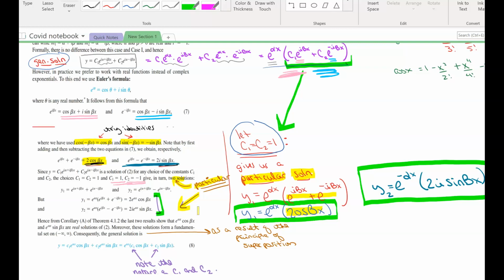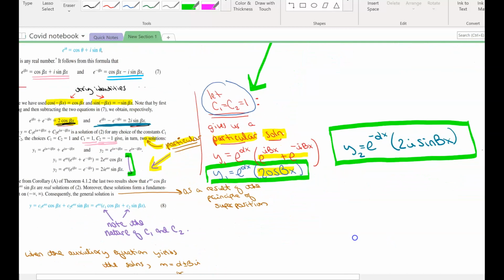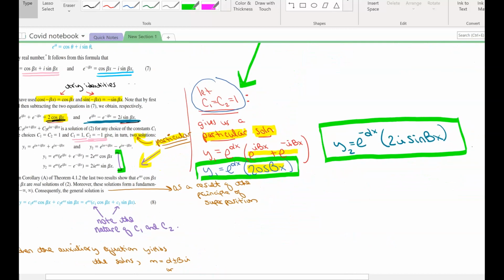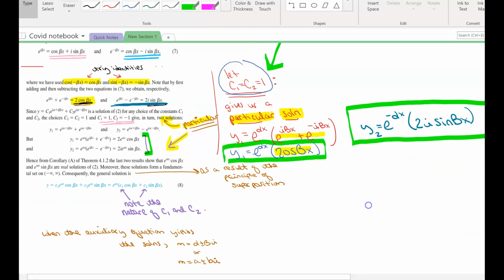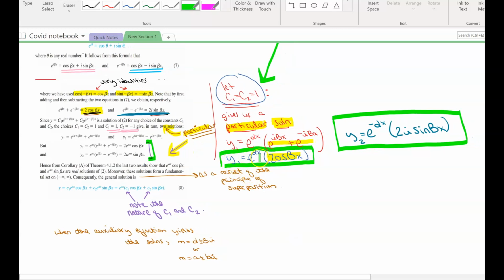Now, once you have two particular solutions, everyone, and we're just assuming for right now it's a second order HDE, well, now look what we can do. We can say that in general, the general solution to this HDE is constant 1 times y1 plus constant 2 times y2.